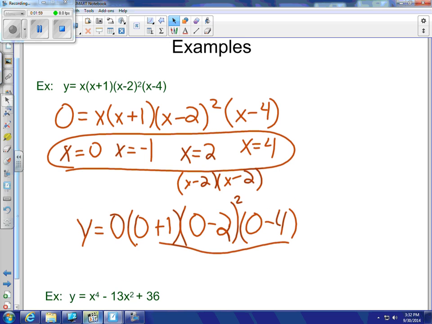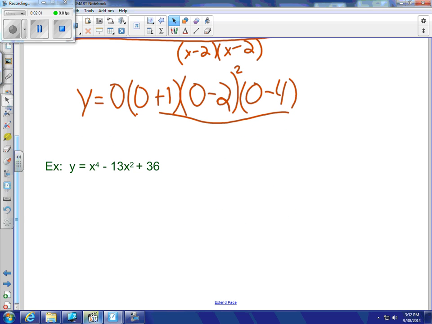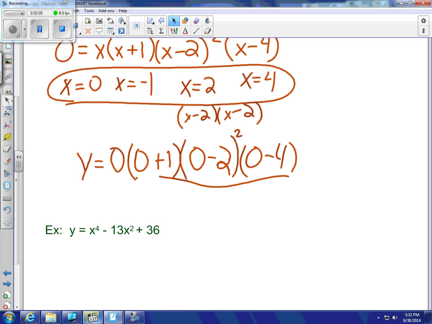So let's graph this equation. Let's graph what we have so far. So we have 0 for our x.